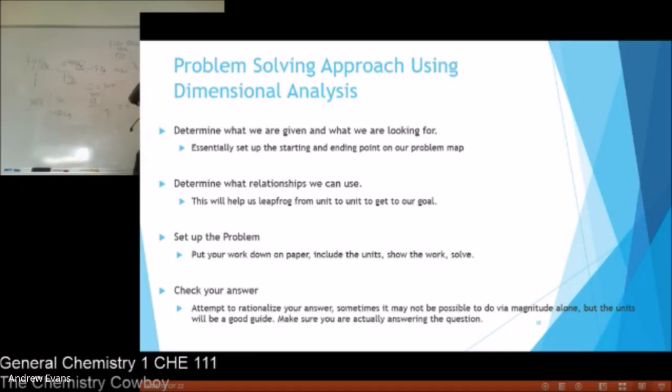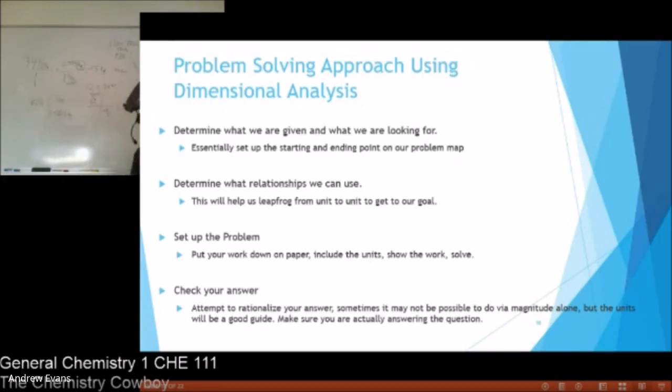If I have so many feet and I want to know how many meters there are, I could go feet to inches, and then inches to centimeters, and centimeters to meters, depending on which are more readily available and more convenient to use. But those are the conversions that I can use to jump from feet to meters.